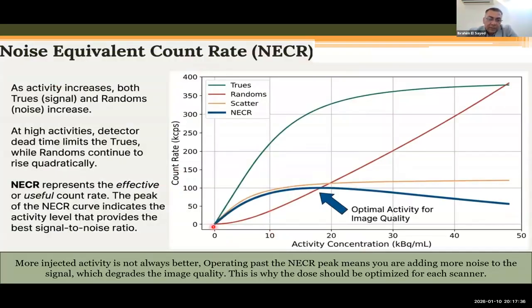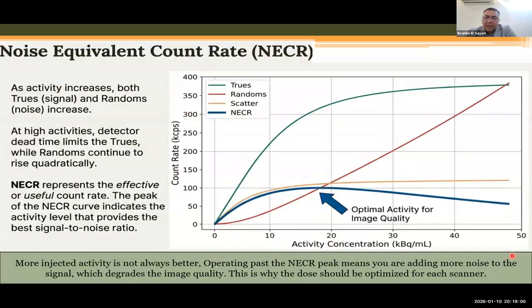As you can see, the trues are increasing greatly with the activity concentration, creating more count rate, and the optimum point at which we can operate our machine is at this point.